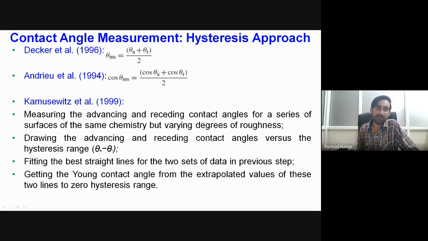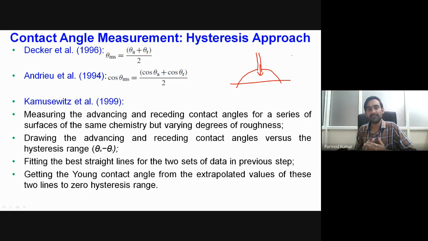So one common approach is that instead of finding the static or equilibrium contact angle, we should go for the measurement of the advancing and receding contact angles. While measuring advancing and receding contact angles, we always have a needle attached to the drop surface, because with the help of the needle we increase or decrease the volume, which gives us the value of the advancing and the receding contact angle.